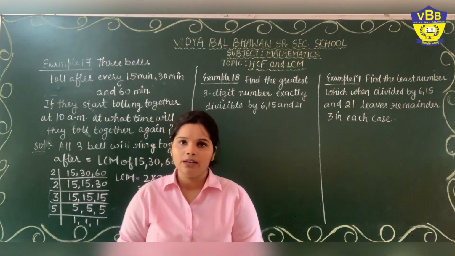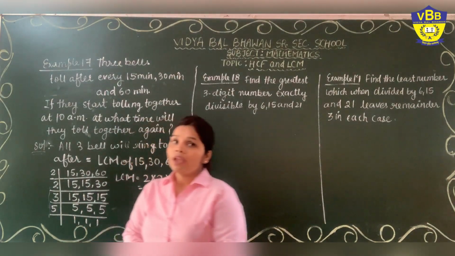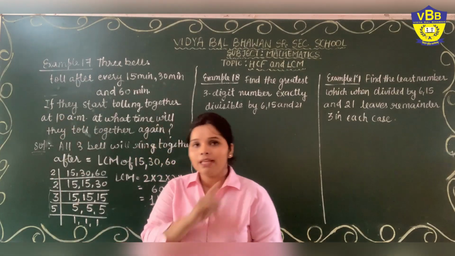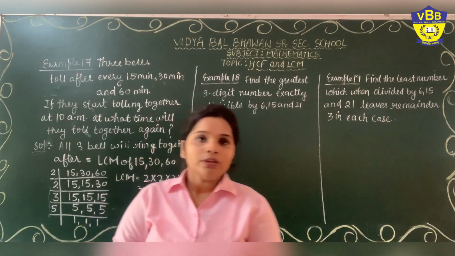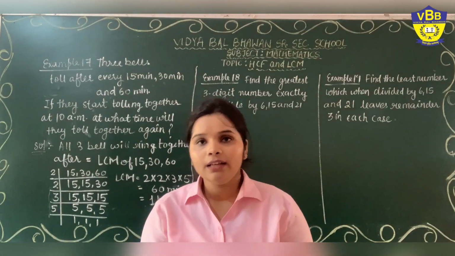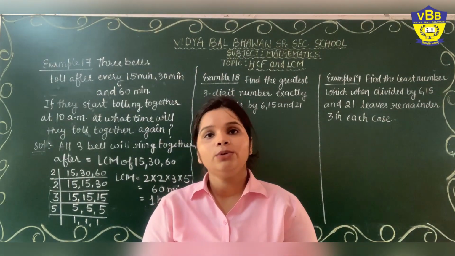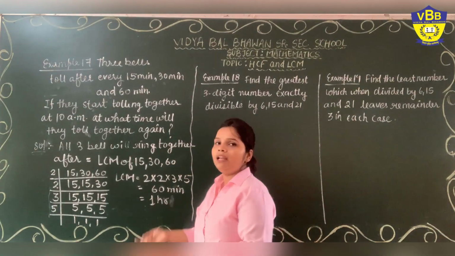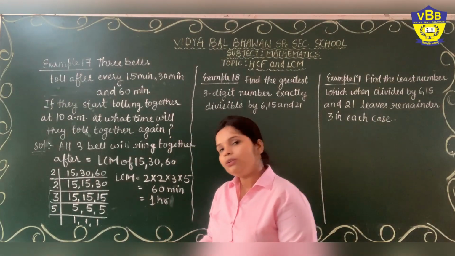After every 1 hour. So, if at 10 am all the bells ring together, then after 1 hour all the bells will ring together again, because after every 1 hour they ring together.